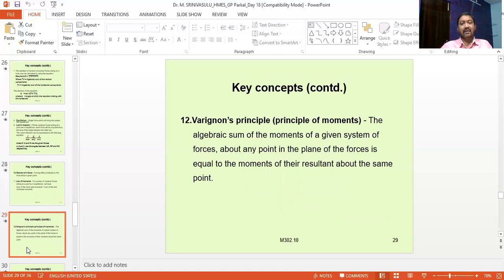Next, Varignon's principle of moments, which is also called the principle of moments. Whenever a number of forces are acting on a body, the algebraic sum of the moments of all the forces about any point in the plane of the body must be equal to the moment of the resultant about the same point.